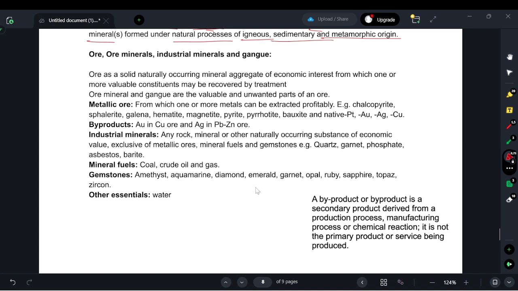Now this is again repeating here, so I will not be going into that. The metallic ore, it is again repeating here. So chalcopyrite, obviously it is a metallic ore, from which we extract, anyone, what do we use chalcopyrite for, students?